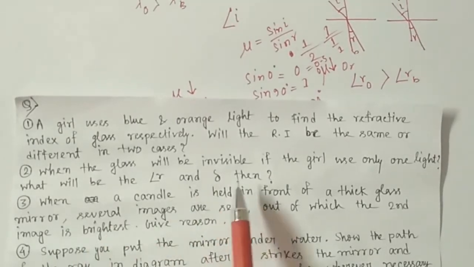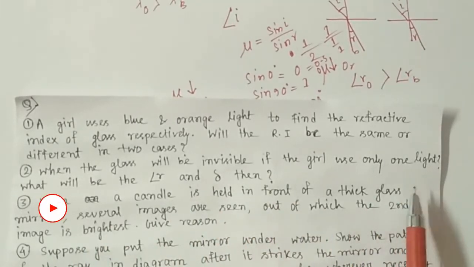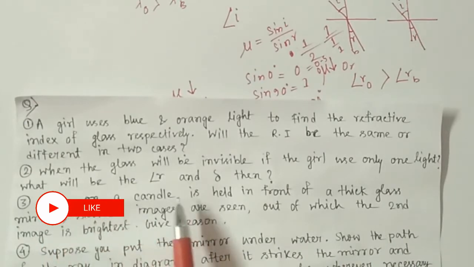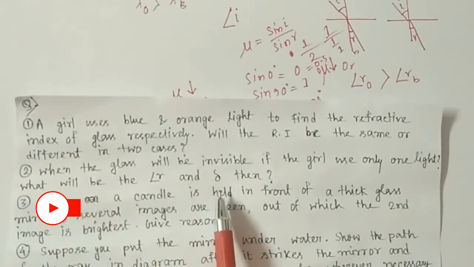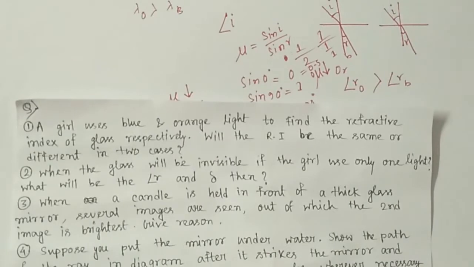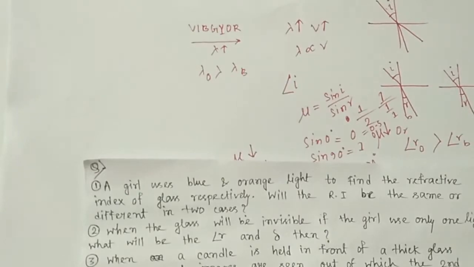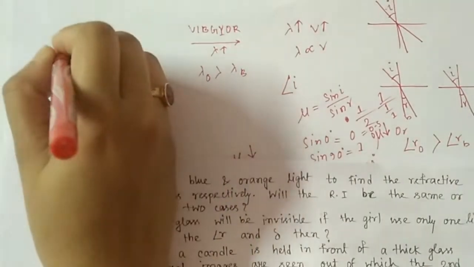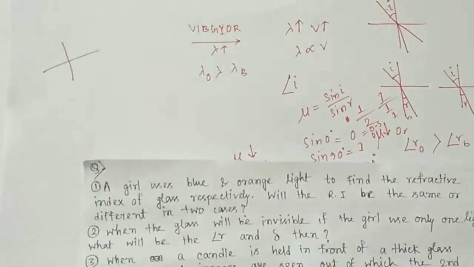When the glass will be invisible if the girl uses only one light, what will be the angle of refraction and delta, that is deviation, then? In my earlier video, the link of which I have given in the description box, I told you that there are only two cases where any object will be invisible in any medium. The first one is when the light falls normally like that.